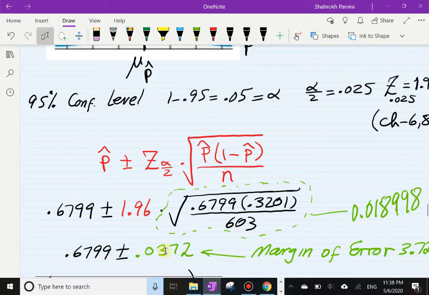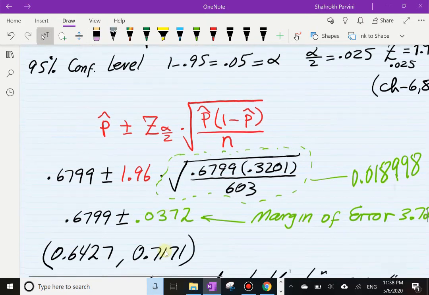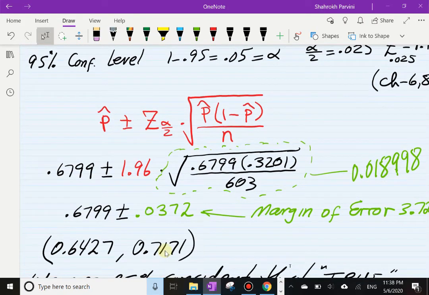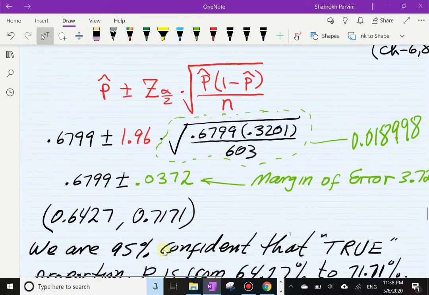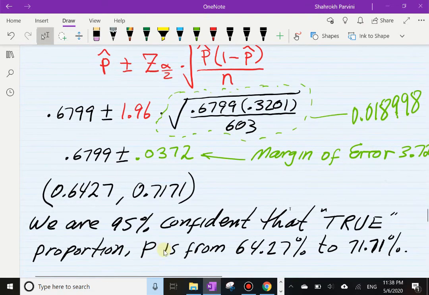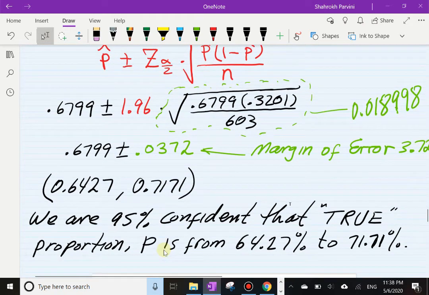It's the give or take of our estimate. And we can build our confidence around the margin of error. And there you have it. So we believe with 95% confidence that in the population, anywhere from 64 to about 72% of people purchase things online. Yes, this would be good information for marketing purposes.